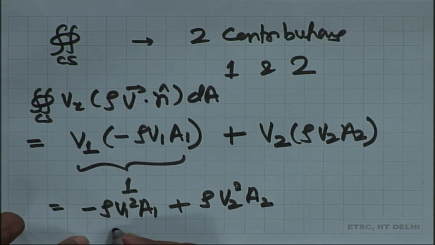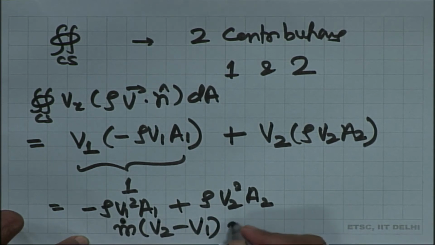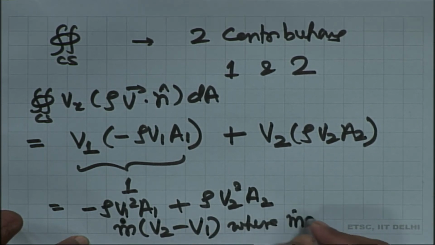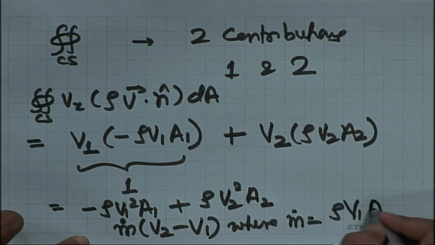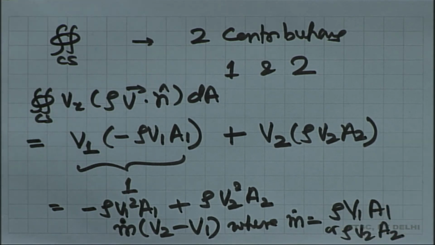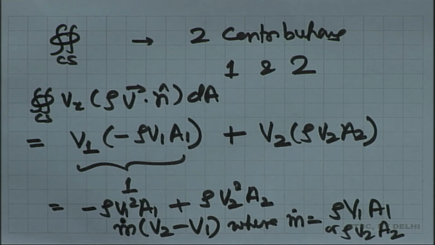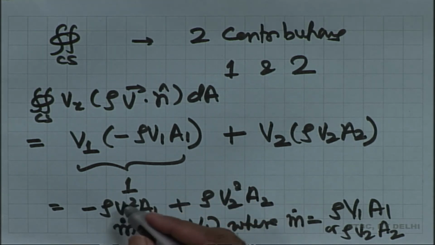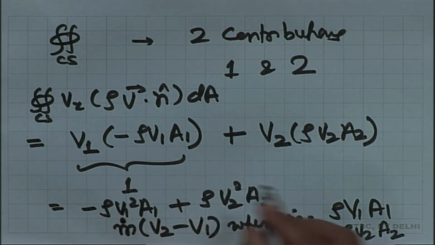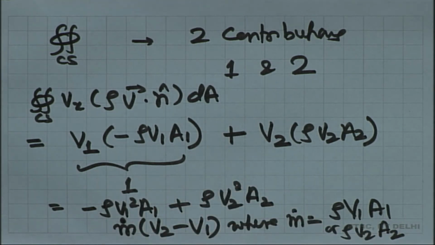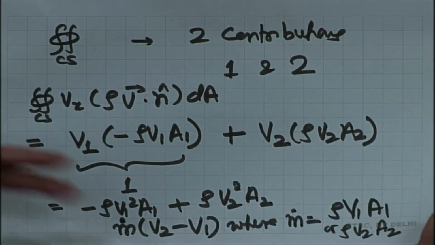and as we have seen earlier, you can write it as m dot times V2 minus V1 where m dot is equal to rho V1 A1 or rho V2 A2. This comes from the continuity equation and this we will be able to do only if there is one inlet and one exit, otherwise we have to keep this form of rho V1 square A1 or maximum we can write it as minus of V1 times m1 dot plus V2 times m2 dot and so on if there are more inlets and exits.